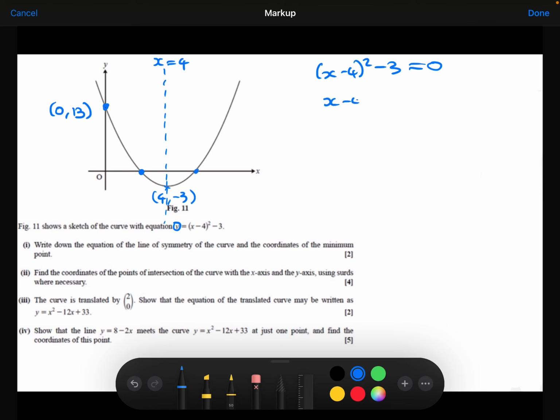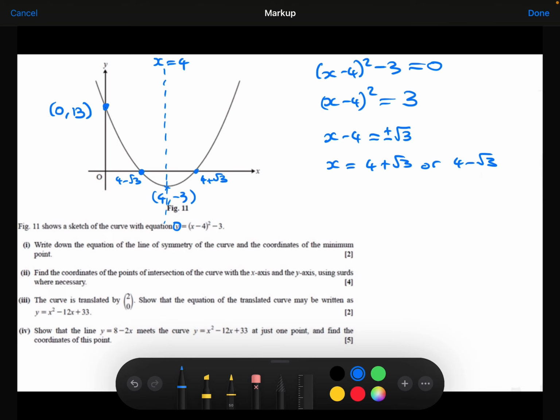So if I add the 3 to both sides and then square root, I find that x minus 4 is equal to either plus root 3 or minus root 3. So therefore x will be equal to 4 plus root 3 or 4 minus root 3. This is the coordinate 4 plus root 3, and this is the coordinate 4 minus root 3.